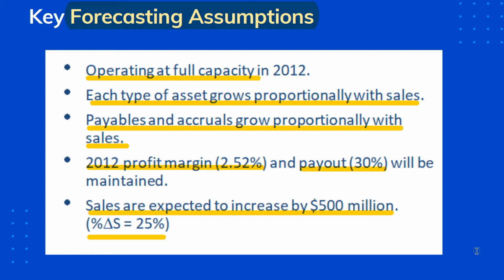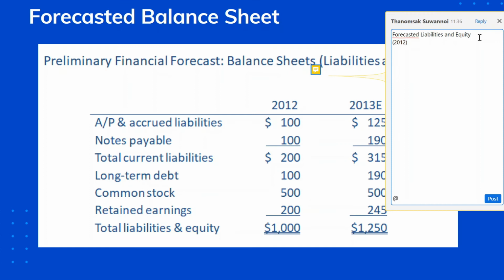This indicates that we can still use the percent of sales approach and we can calculate these two accounts as percent of sales. First, we're going to calculate the percent of sales relationship in 2012 for accounts payable and accruals, which is equal to 5%.